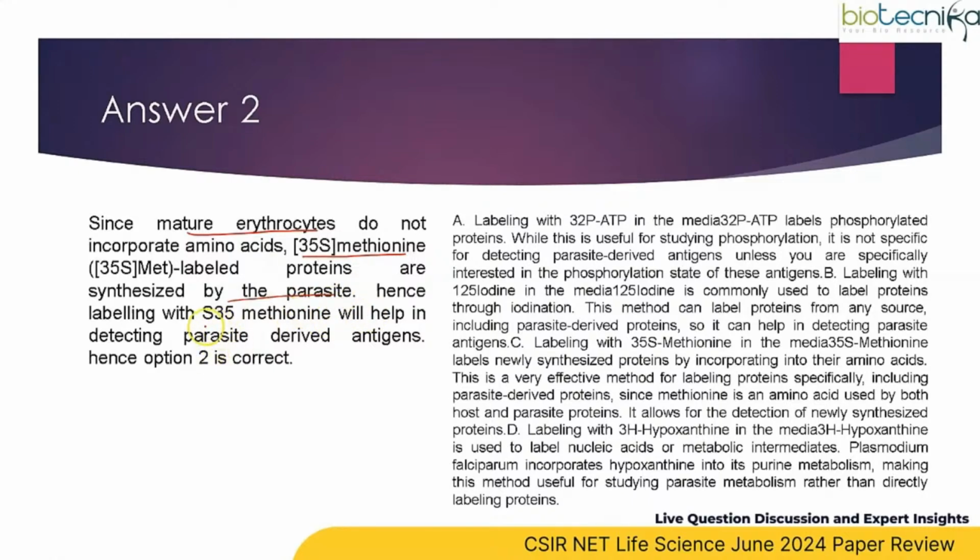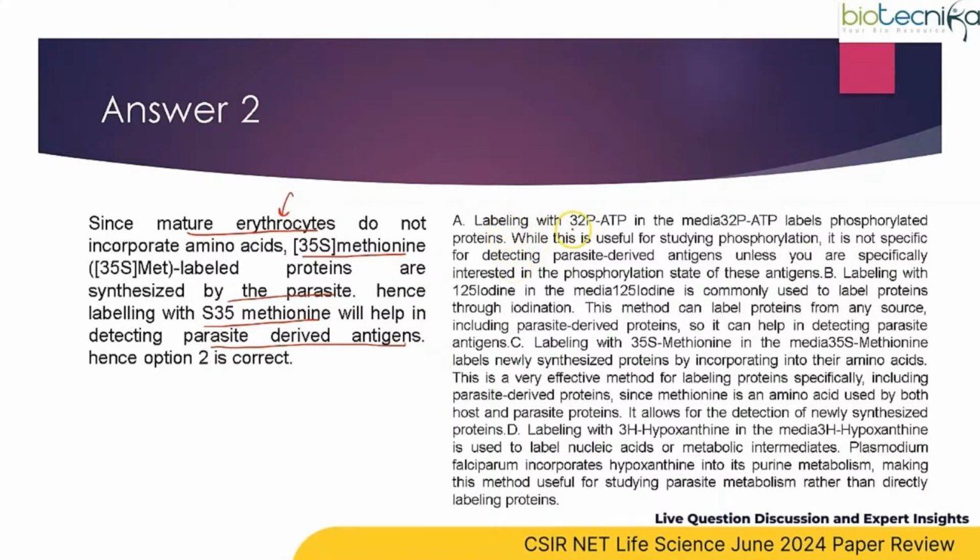Hence, labeling with S35 methionine will help in detecting the parasite-derived antigens, because mature erythrocytes cannot incorporate the amino acids on their own; only when the parasite is there will they take up the methionine and synthesize the proteins. That is how you can identify the parasite. Now let us see the other labelings.